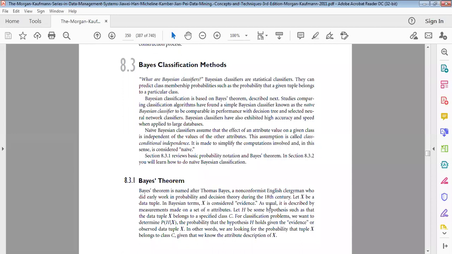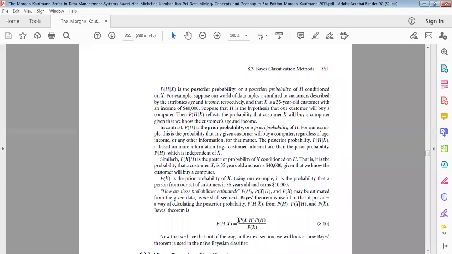If H is the hypothesis, the evidence is represented as X. That is the probability of the hypothesis given the evidence X. Clear? That is regarding Bayes theorem. This is how you have to represent it. Based on that, you have to represent Bayes theorem.